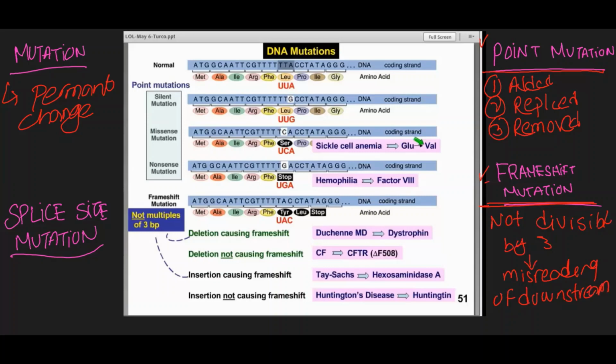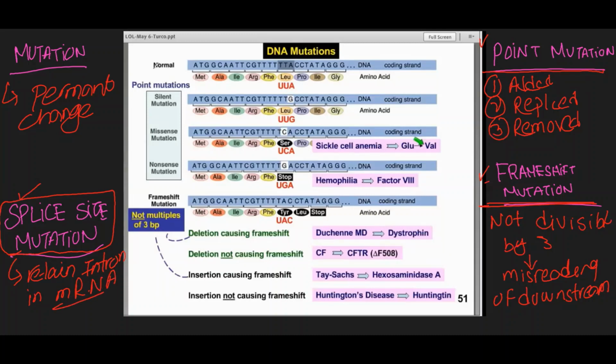Now is the splice site mutation. What happens in splice site mutation? It is basically retained introns in messenger RNA.